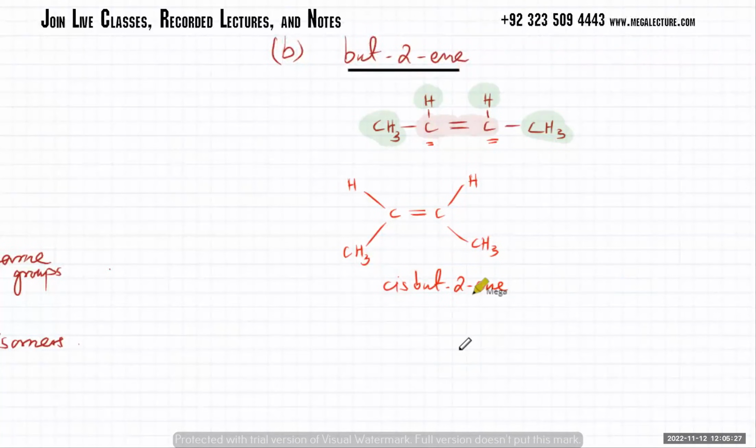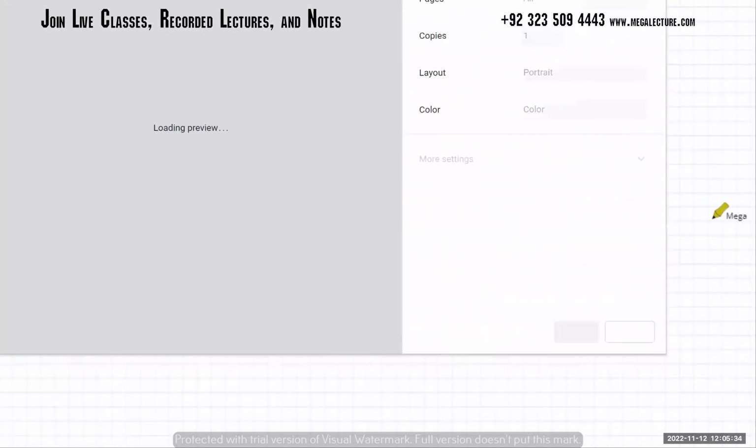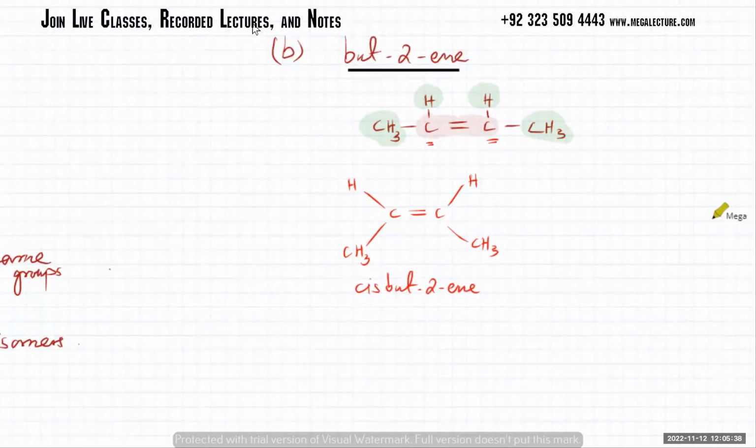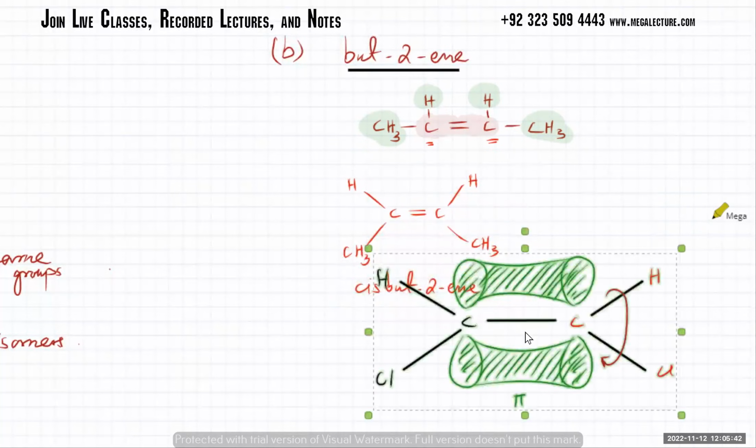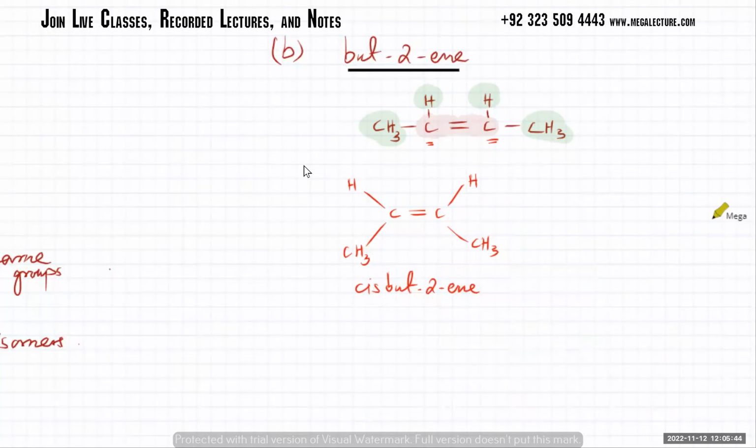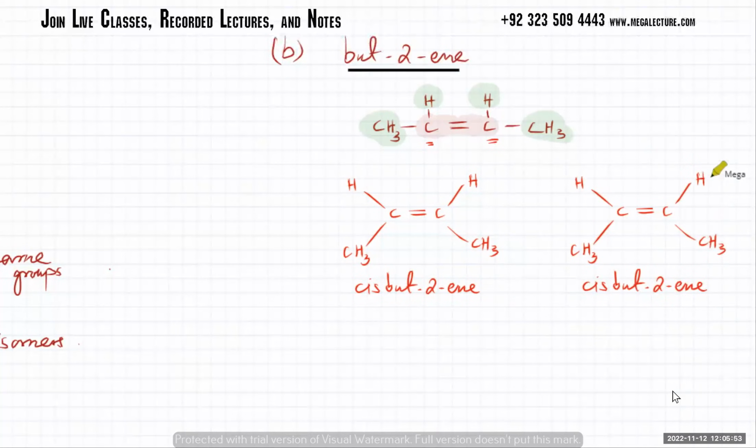And similarly, you're going to have another one, which is trans-butene. It's going to have exactly the same connections, except for one difference: the direction of these bonds or groups is going to be different.